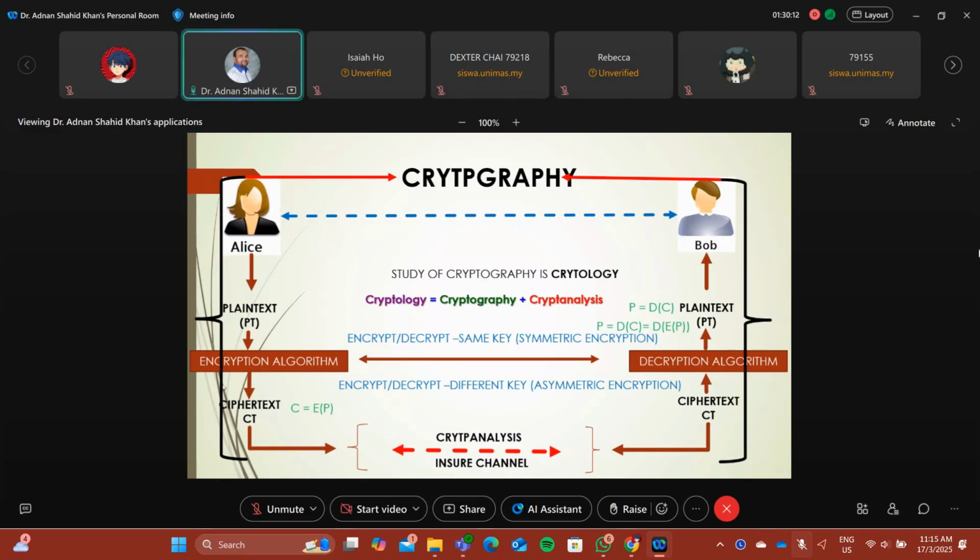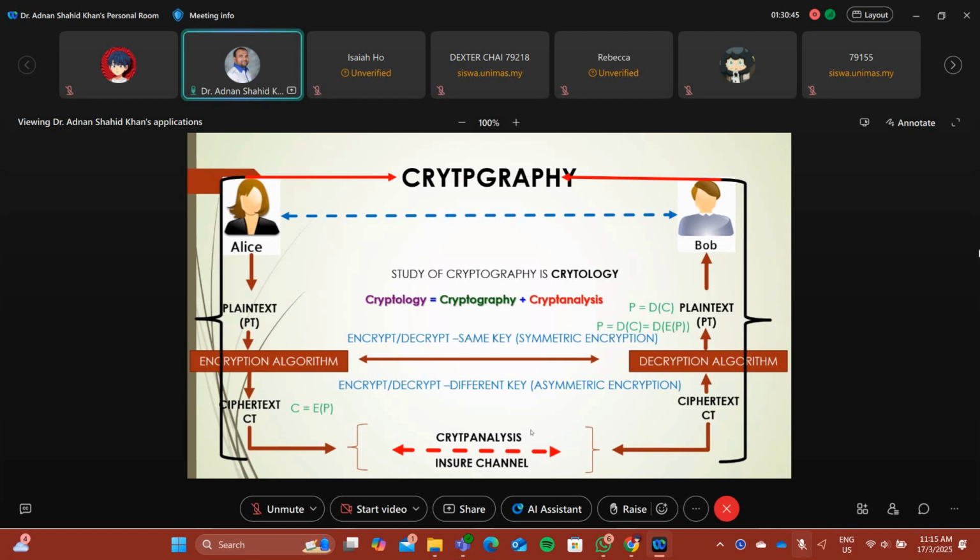Transforming plain text into ciphertext is cryptography. Transforming plain text to ciphertext or ciphertext to plain text is cryptography. And the attacker needs to see what's going on online, so they use cryptanalysis, using a network analyzer or any method to reveal the truth, to reveal the keys.